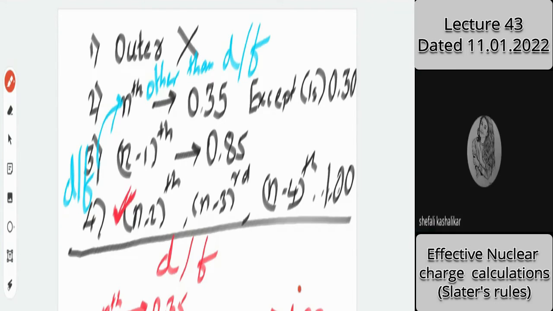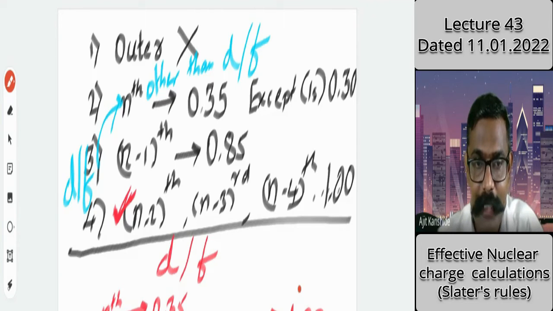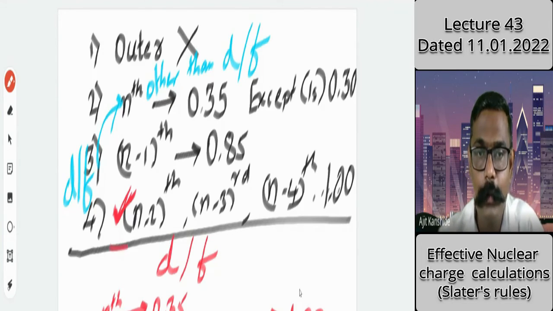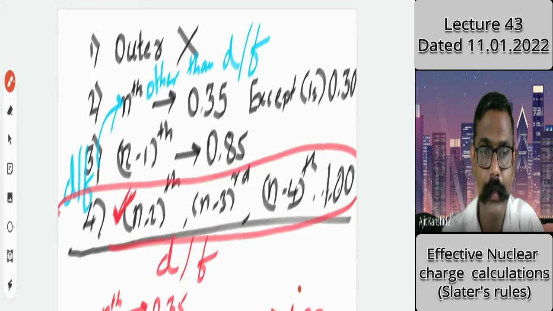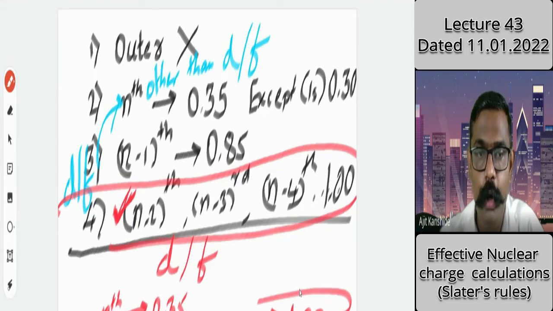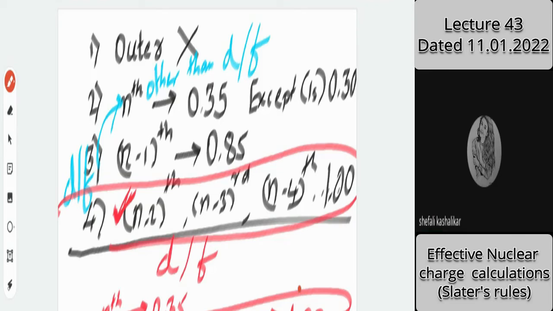And for d and f, we are starting from n minus 1. All those have 1.00 here, and here also, all those have 1.00. Okay, sir.